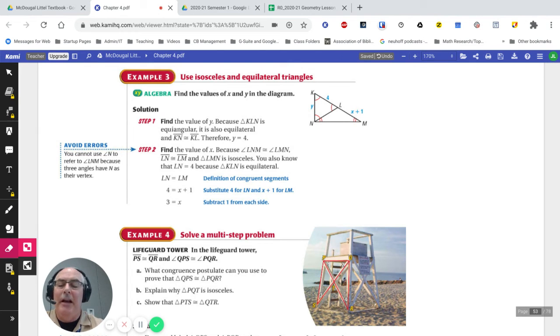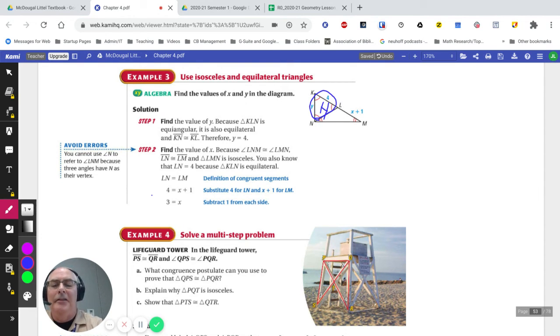And because of that, and because I know that this side was going to be 4, the equilateral triangle, I can set up my equation to say this side and that side are going to be equal. They're the sides of my isosceles triangle. And then I can solve for x as well.